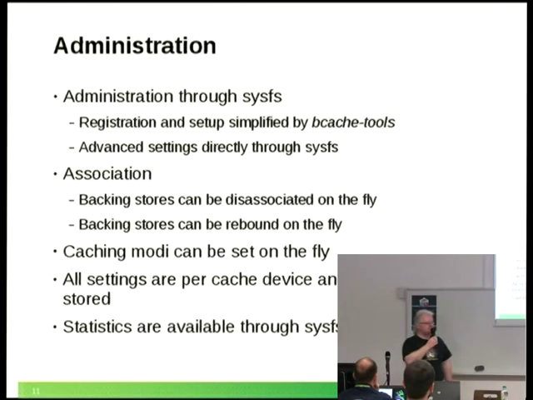So, the whole thing is administered by sysfs. You just register your devices via a special file in the Bcache directory, and they are recognized by their unique IDs, so you just write them in and everything will work.